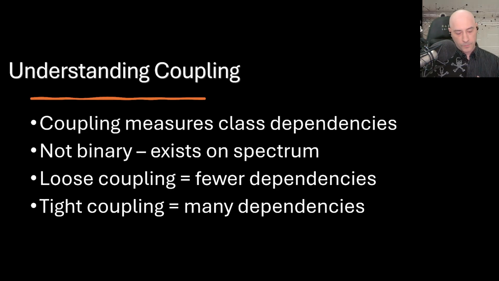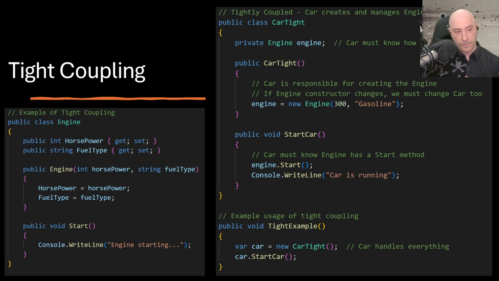So in programming, we have tight coupling, which is going to be highly dependent on one another. When classes are tightly coupled, changes in one class often affect the other. For example, we have a car example here. Let me see if I can get my laser pointer up. There we go.